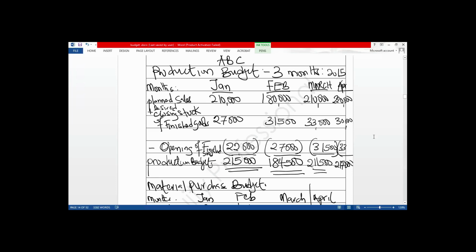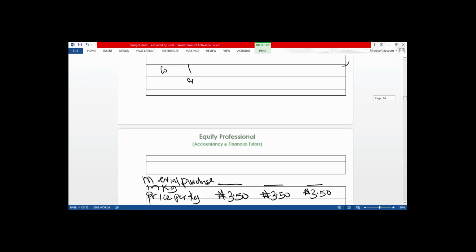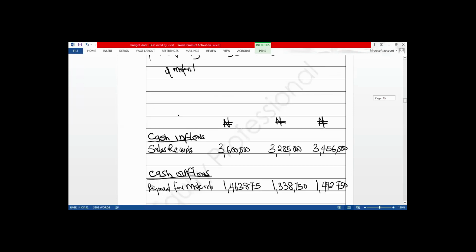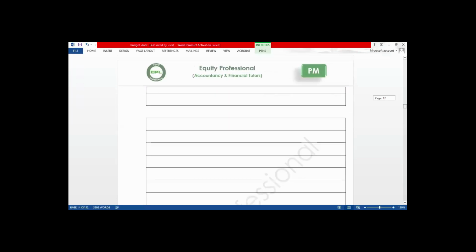Wages is based on production. Per unit, we are going to pay you 6 naira. So if you produce 215,000 in January, what is your salary? Let's show the working. 3,440,000.